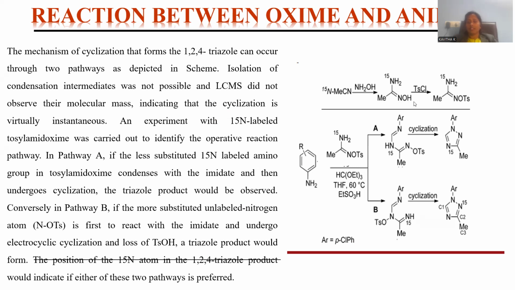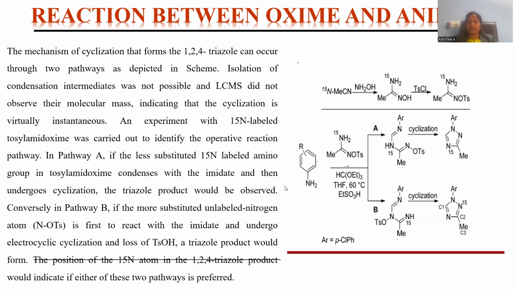The iminohydrin will be originated and is to be treated with tosyl chloride. Paratoluene sulfonyl chloride will be taken, that is attached at this oxygen, giving rise to NOTs. This is the kind of material originated.